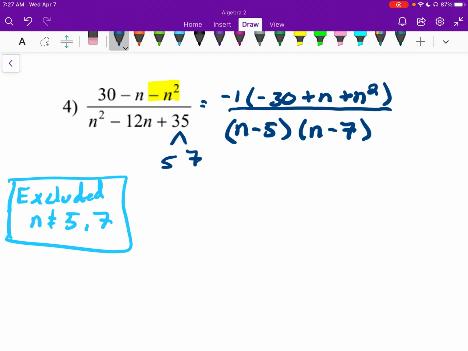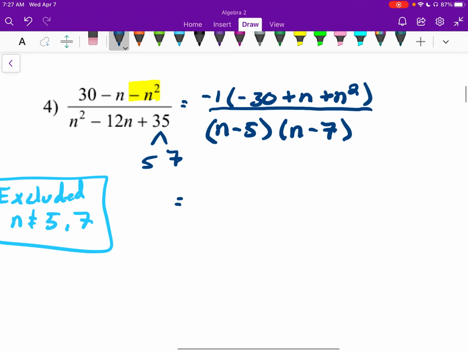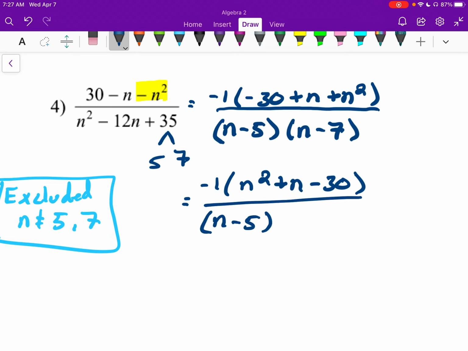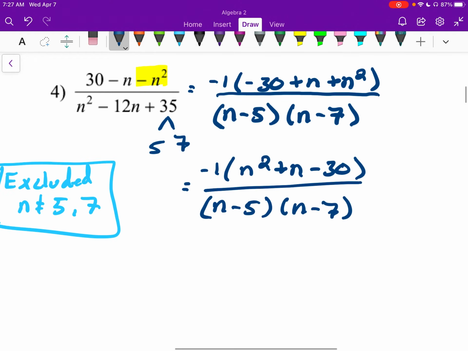All right. Now I need to finish factoring the top here. I'm going to rewrite this where our n squared term is first, so we'll have negative 1, and then we'll have n squared plus n minus 30 over n minus 5, n minus 7. All right, factors of negative 30 that add up to be 1.